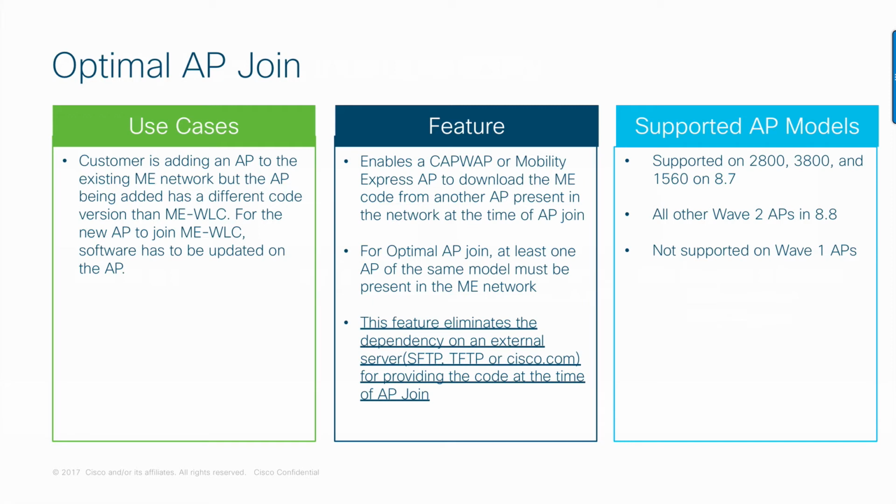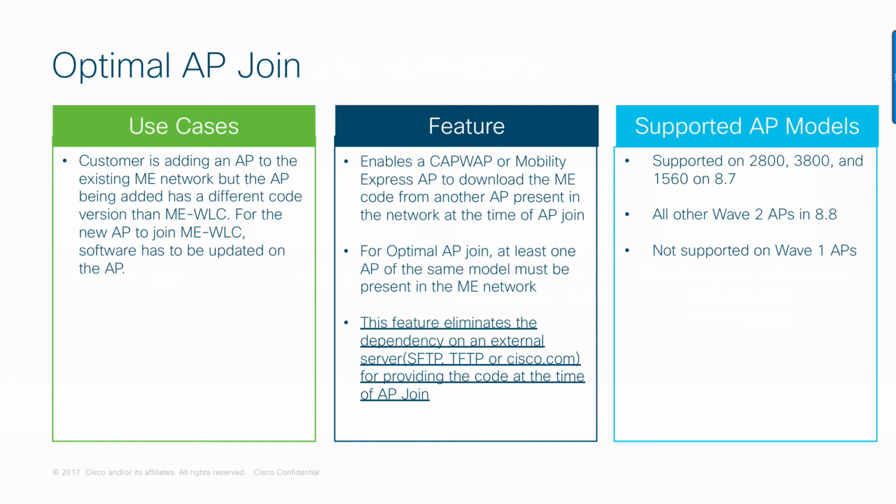So this feature enables a CAPWAP or Mobility Express AP to download the ME code from another AP which is present in the network at the time of AP join. The prerequisite is that the same AP model must be present in the Mobility Express network. The biggest advantage of this feature is that it eliminates the dependency on an external server to provide the code at the time of AP join.